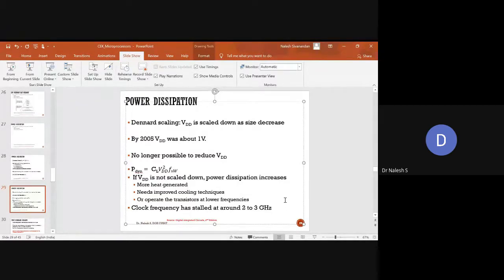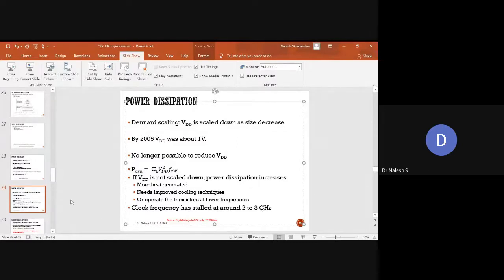But later on, around 2005-ish, the clock frequency stalled at around 2 to 3 kilohertz, somewhere between 2 to 3 kilohertz. And now no one claims to have a higher clock frequency, like I am reaching 10 gigahertz. No one says that. That is because if you increase the frequency, power dissipation increases, you have to provide technology to cool that down. And that is not possible.